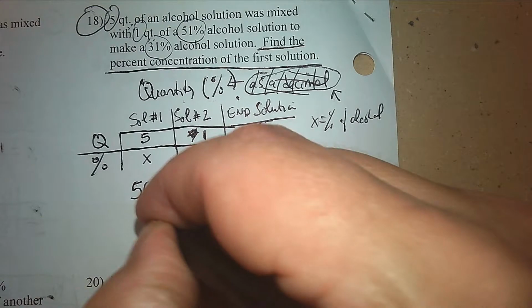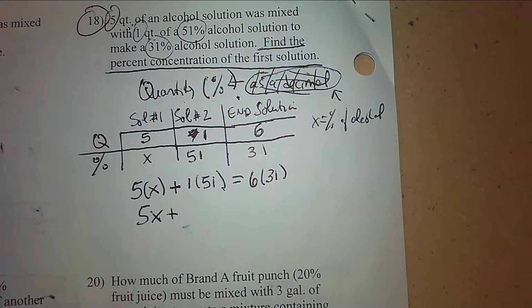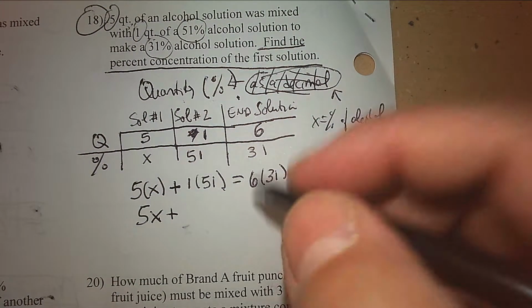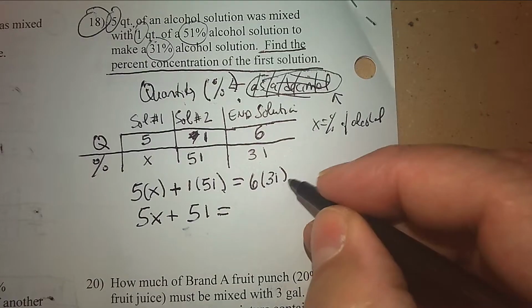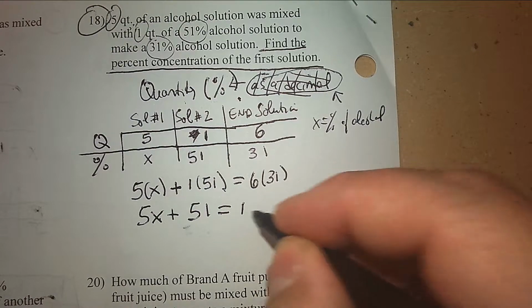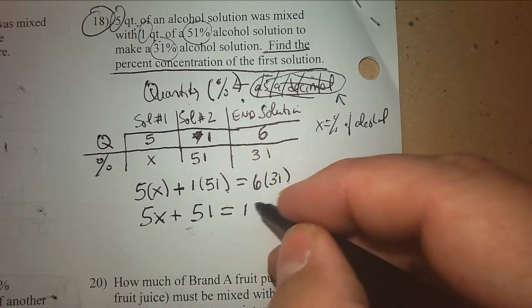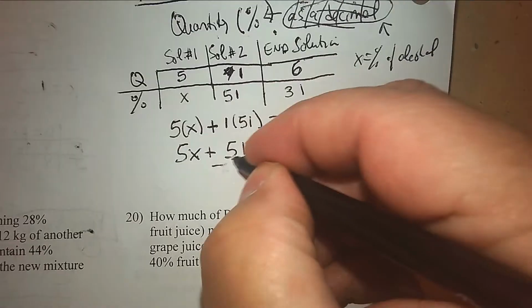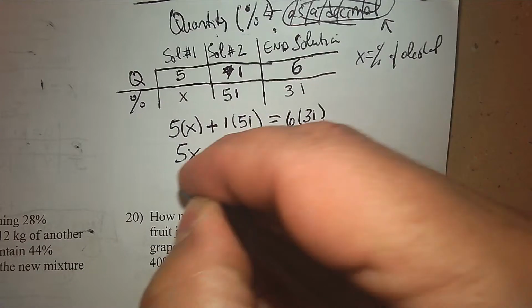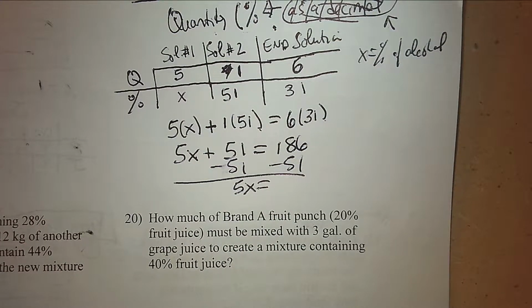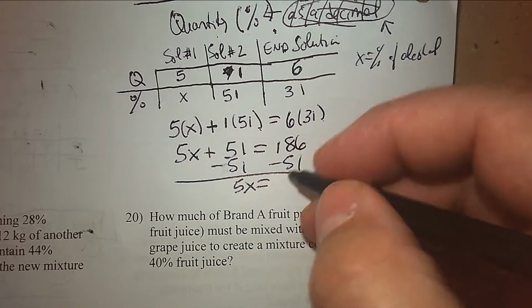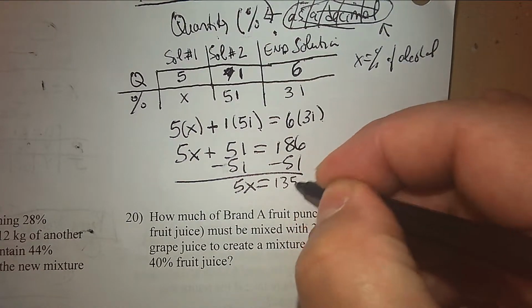So I have 5x plus 1 times 51. Do you know what 6 times 30 is? And then 6 times 1 is 186. Subtract 51. That's 135. That obviously goes in evenly.